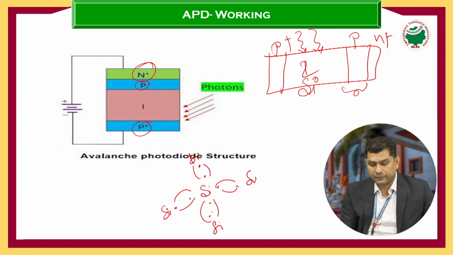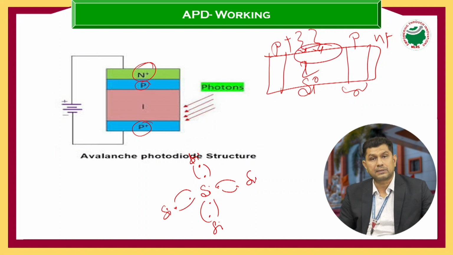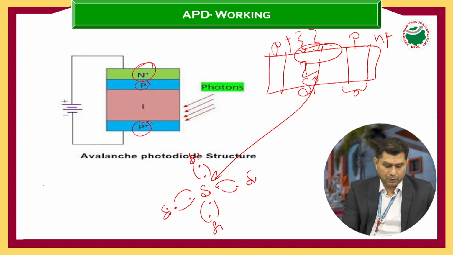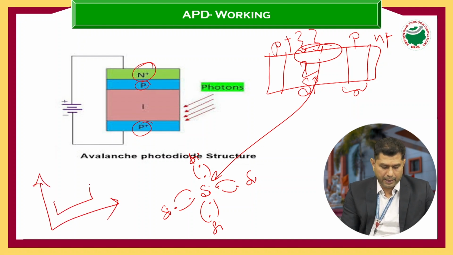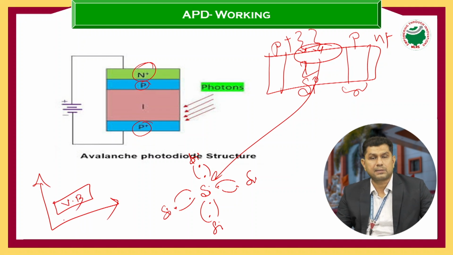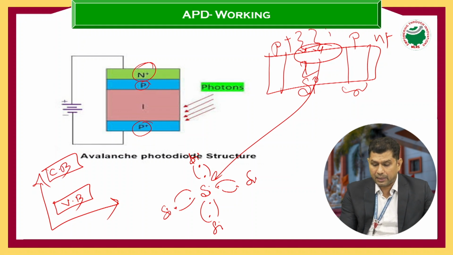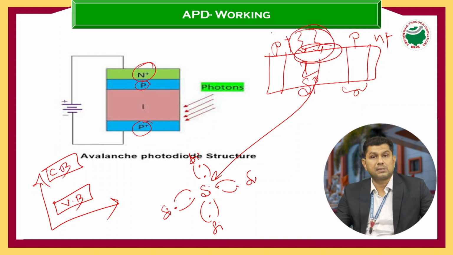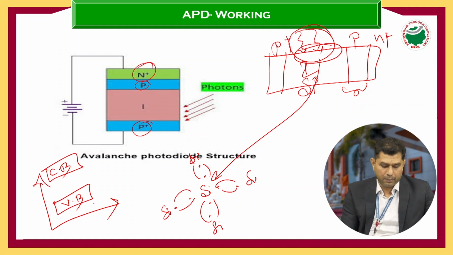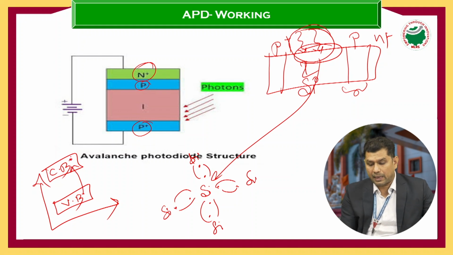Based on band theory, the highest occupied band is called the valence band, and the lowest unoccupied band is called the conduction band. Whenever light of sufficient energy is incident on the intrinsic region, the covalent bond breaks down and the electron is excited to the conduction band. The APD operates with a very high reverse voltage.